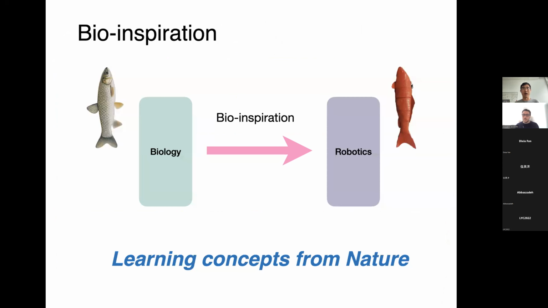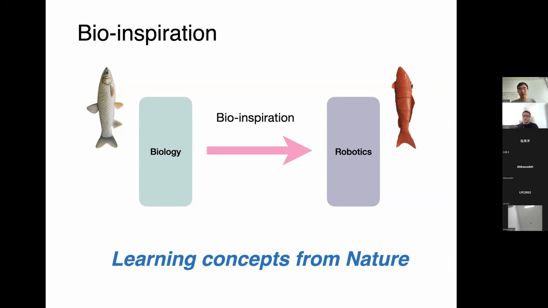That is bio-inspiration. So what is bio-inspiration? In simple, that is learning concepts from nature, right? So for example, in nature, we find fish can swim forward by purely body undulation. Then we wonder if we can also build a machine or a robot which can also swim forward by purely body undulation. Then, well, you can build a robotic fish.